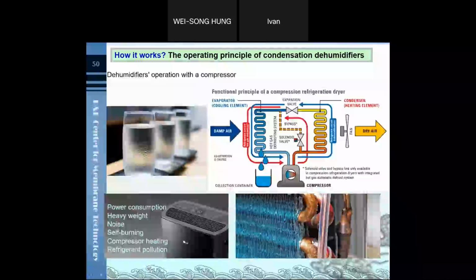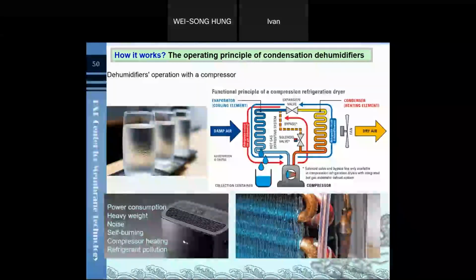The commercial method is using a compressor to provide a low temperature by heat exchange. So dehumidification generally has high energy consumption from the compressor. So how can we reduce the energy consumption of the dehumidification process? Here, membrane technology may be a good option.